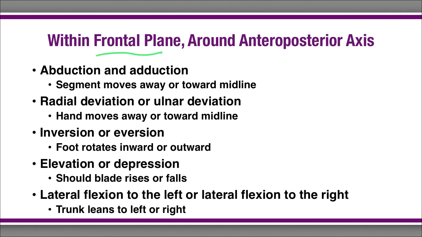In the frontal plane, about the anterior-posterior axis, we have abduction, adduction, radial and ulnar deviation, inversion and eversion of the foot, elevation and depression of the shoulders, and lateral flexion to the left or right of the trunk.